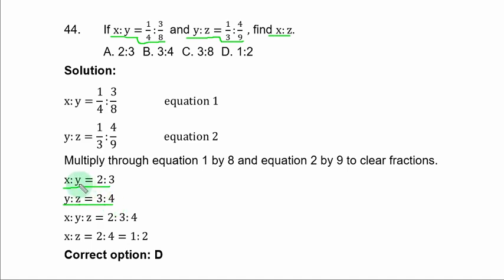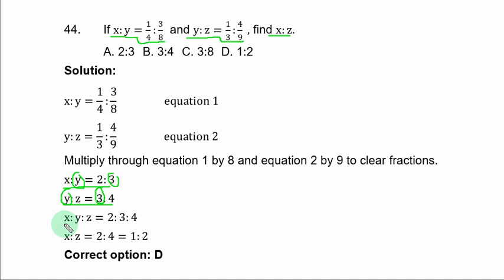Now we have to find S ratio Z. That means you need to make Y the same, and Y is already the same. You have 3, 3, they are the same. Or we can simply write it as S ratio Y ratio Z. So Y still needs to be the same because Y appeared in both equations.